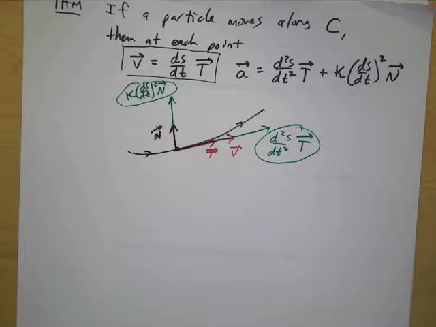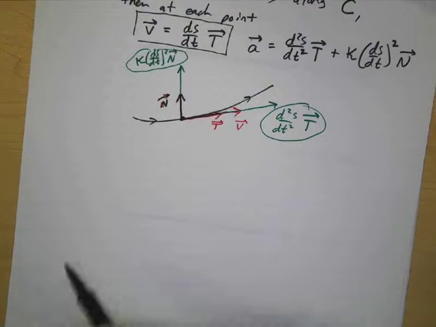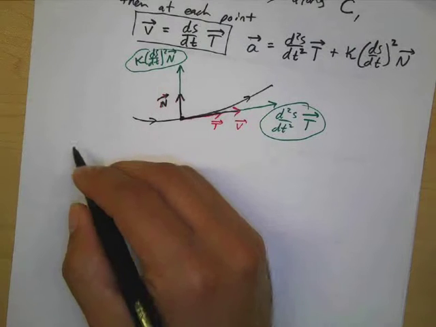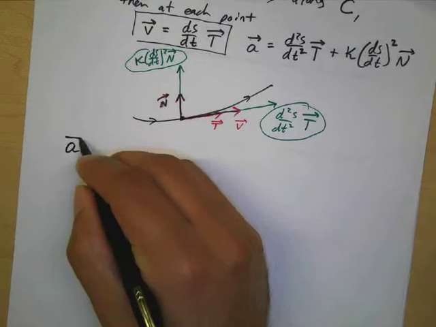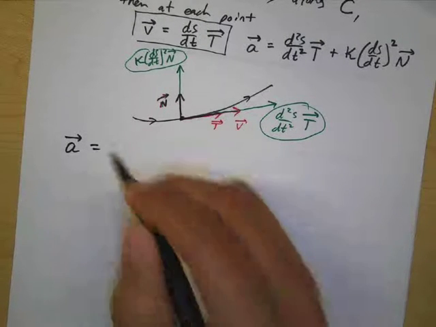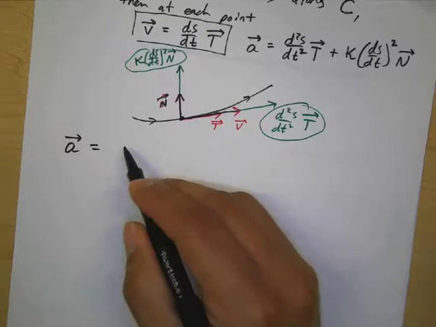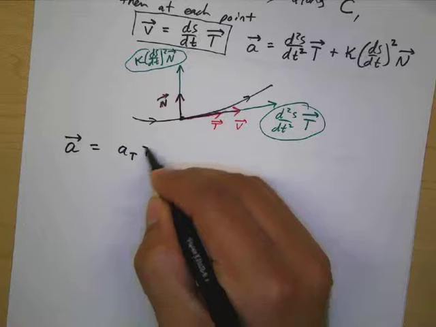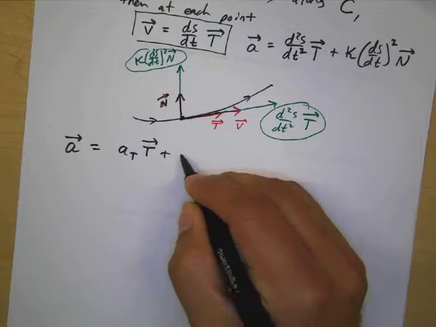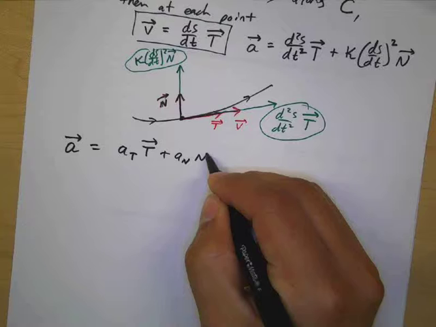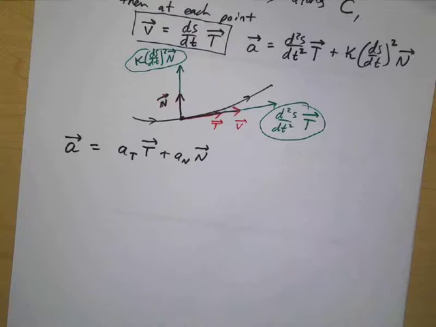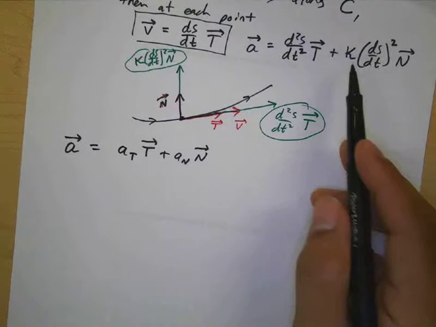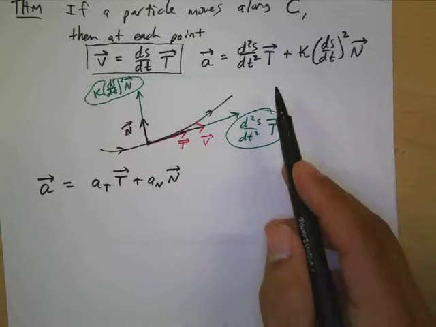Okay, now we're going to have some fairly simple ways to calculate some of the stuff, but ideally here's what you need to know. Acceleration is going to be written as a sub t times unit tangent vector plus a sub n times unit normal. I'm kind of simplifying this notation here.